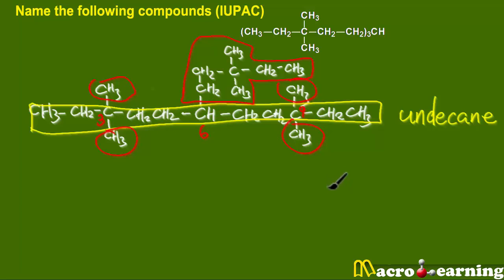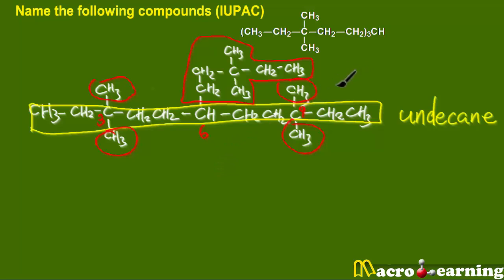Now the question is, how do we name this group here? Because these we know it's called methyl. But this substituent here, we don't have a name readily available for it. It's not methyl, it's not ethyl or propyl or butyl or anything. So we have to just go ahead and name this as if we name an alkane molecule.